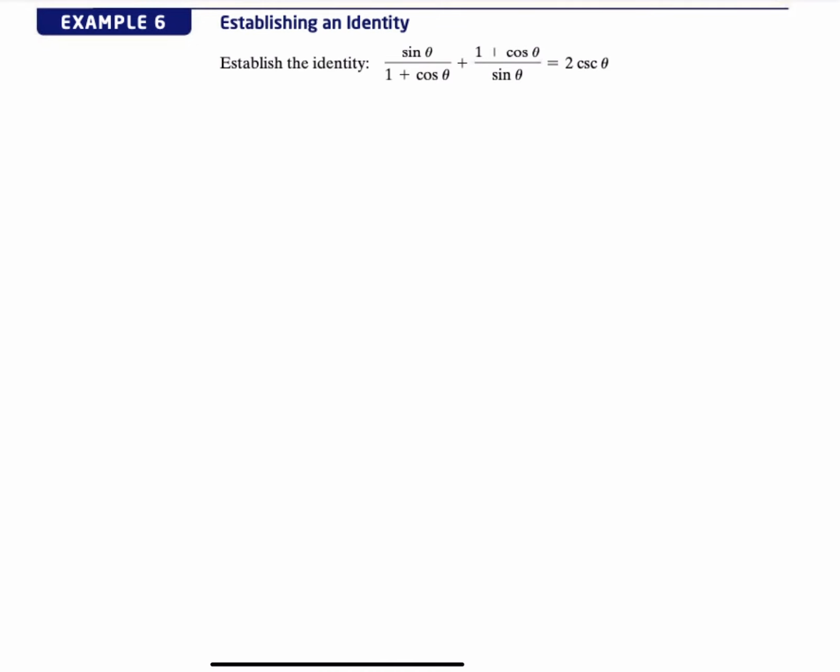So example 6. We have this complicated left side equals 2 times the cosecant. So let's start with the left side. We have the sine of theta over 1 plus cosine, plus 1 plus the cosine over the sine.